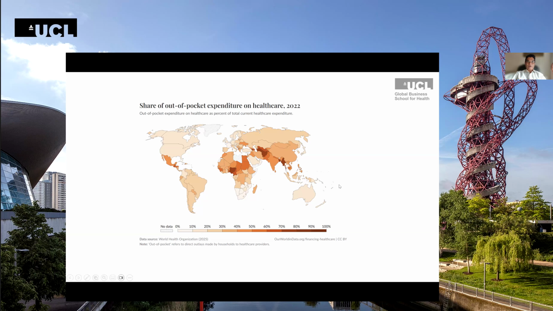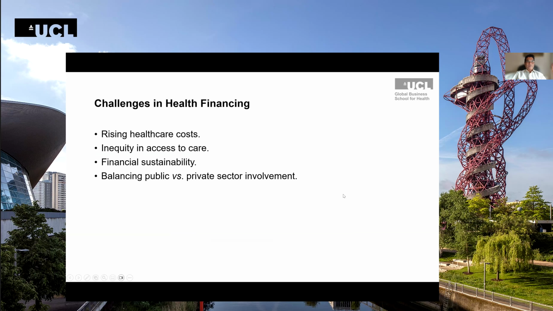So out-of-pocket spending is one of the critical challenges, issues, and barriers in healthcare financing. You can see these are very simple, self-intuitive to read and understand: rising healthcare costs, inequality in access to care, financing sustainability, balancing public versus private sector involvement.